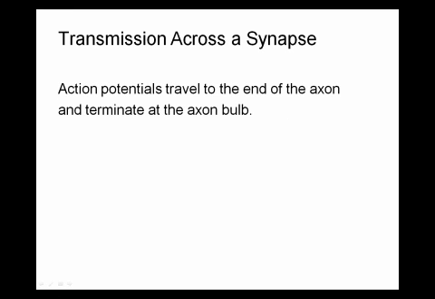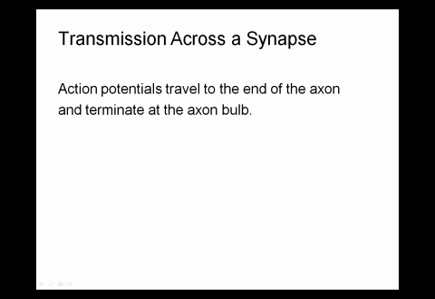Just a moment ago in the previous segment we initiated an action potential. An action potential occurs when a neuron reaches threshold depolarization that opens voltage-gated sodium channels, and we have movement of ions across the membrane.